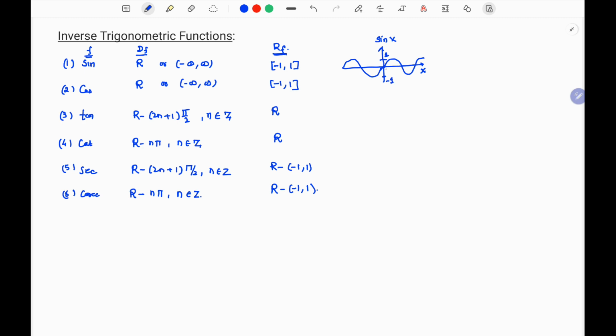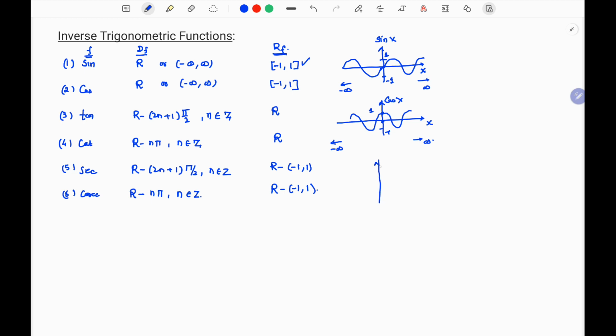So minus 1 to 1 gives the range, while x extends from minus infinity to infinity, so it has the domain R. If we draw the cos x, on x-axis we take x and function is cos x. Cos x has the maximum value at 0, so the graph is like drawn here. It is again lying between 1 and minus 1, and on x value domain lie from minus infinity to infinity.